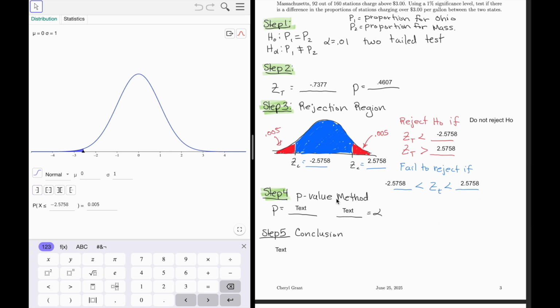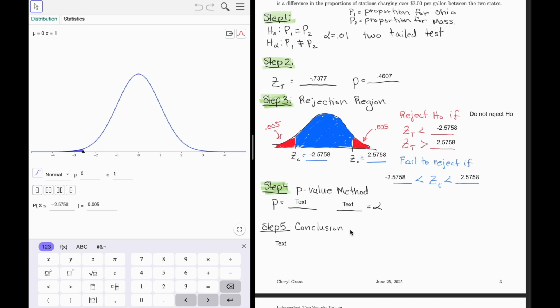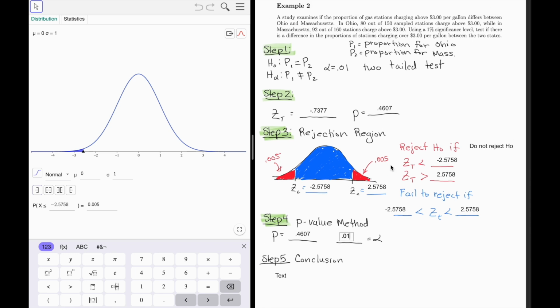Now let's use the p-value method to make sure we get the same thing using a different method. The p-value is 0.4607. The alpha level was 0.01. Let me double check. Yep.